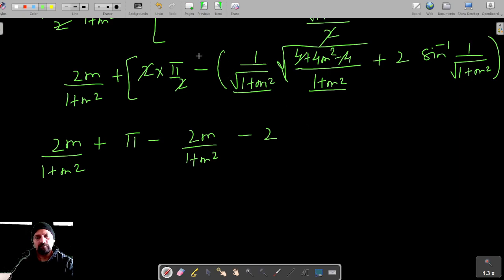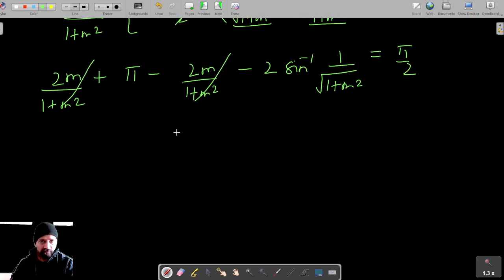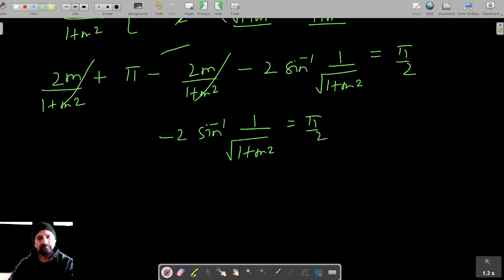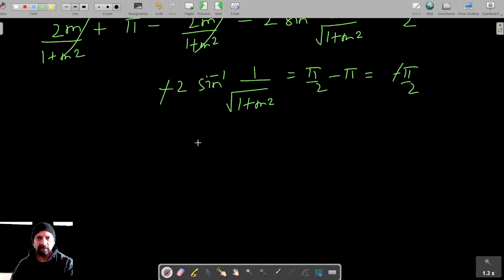We have opened up the bracket, so this is minus 2 sine inverse 1 upon root of 1 plus m square, equal to pi by 2. Now these terms get cancelled, and finally we have minus 2 sine inverse 1 upon under root of 1 plus m square equal to pi by 2. Let's shift pi to this side, so this is pi, and this is now minus pi by 2. Minus and minus get cancelled.